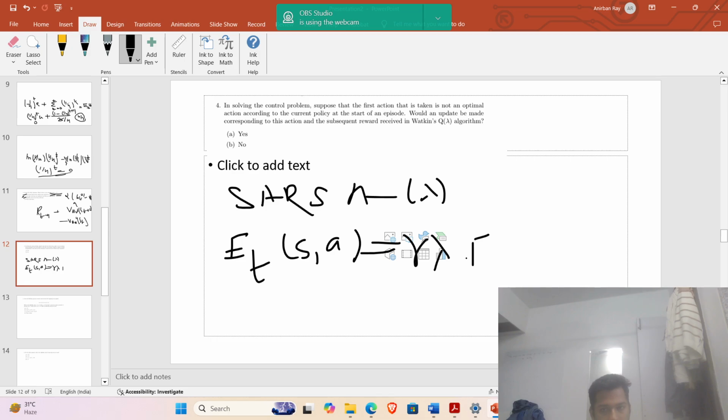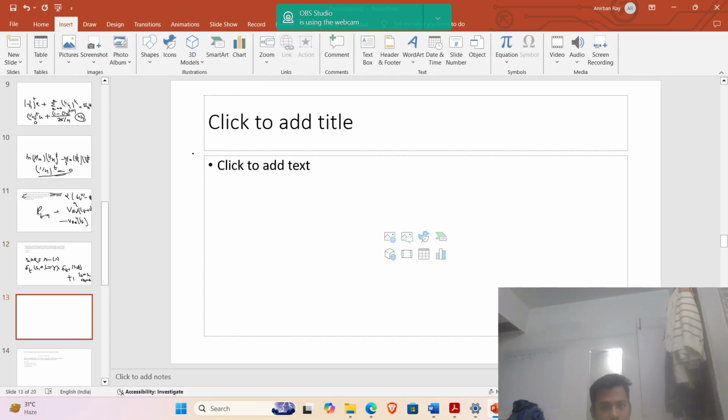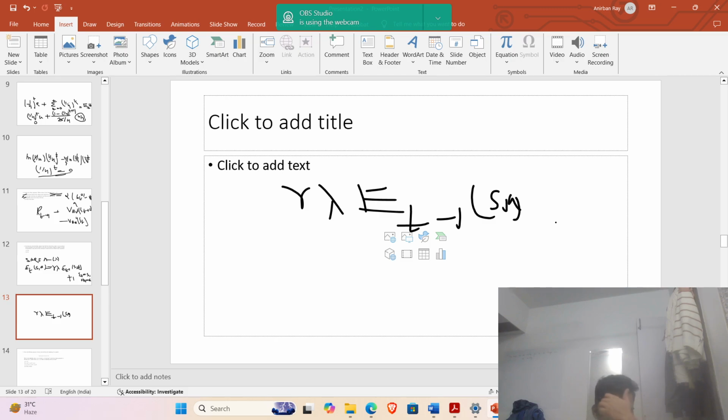Gamma lambda, so this is only if S t is equal to s. So you get to the desired state and also take the desired action. The next condition is that the trace for Sarsa will be equal to gamma lambda times the previous one, it will decay, otherwise.